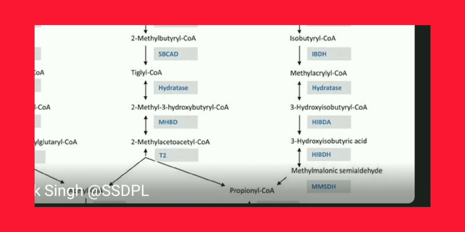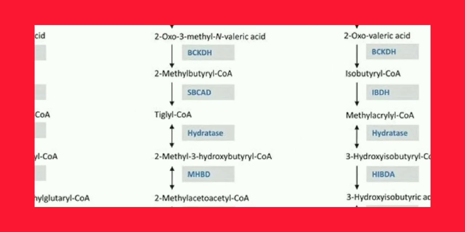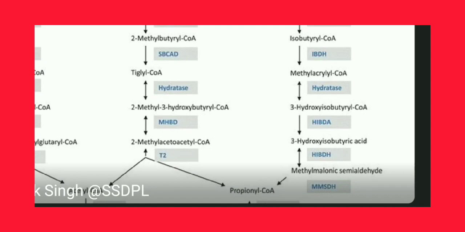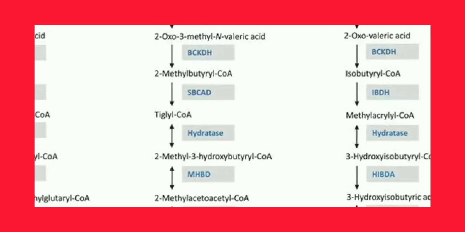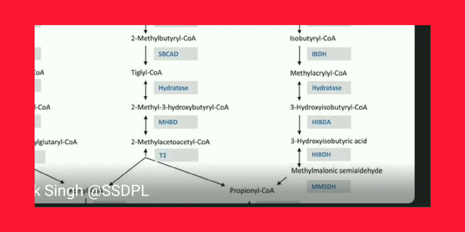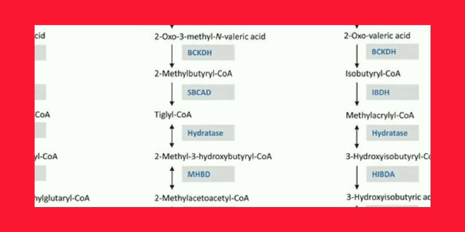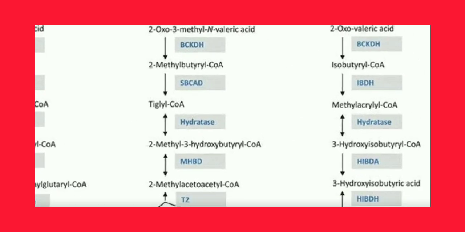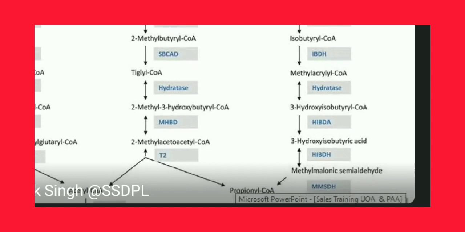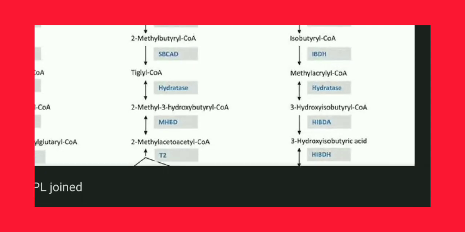It is a combination of organic acids and amino acids. Try to understand the very small logic involved in it. Once you understand this pathway, it is the same for all the disorders. Am I clear till here? Yes, madam. Right?